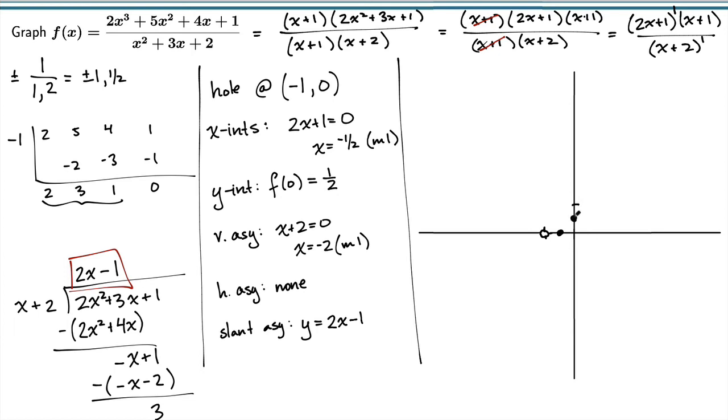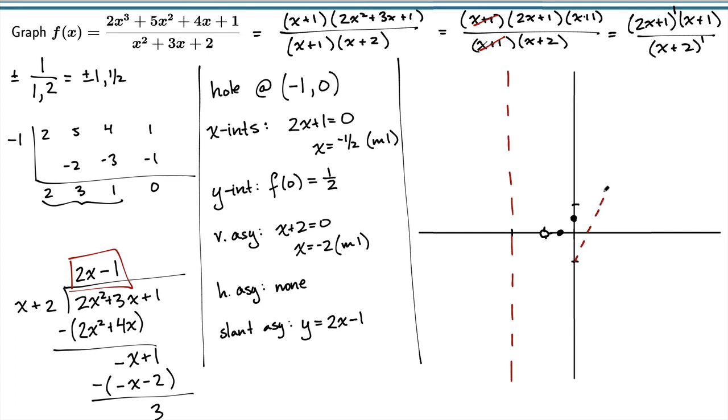So that's that point right there. We have a vertical asymptote here at negative 2. We don't have a horizontal asymptote, but we do have a slant asymptote. Okay, y equals 2x minus 1. That has a y-intercept of negative 1 and a slope of 2.